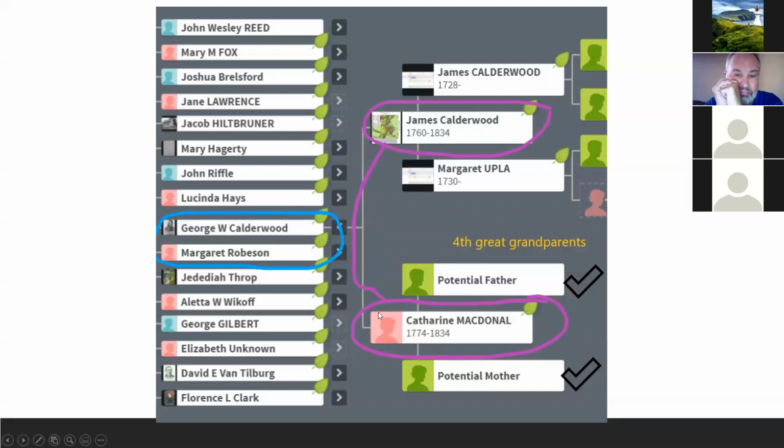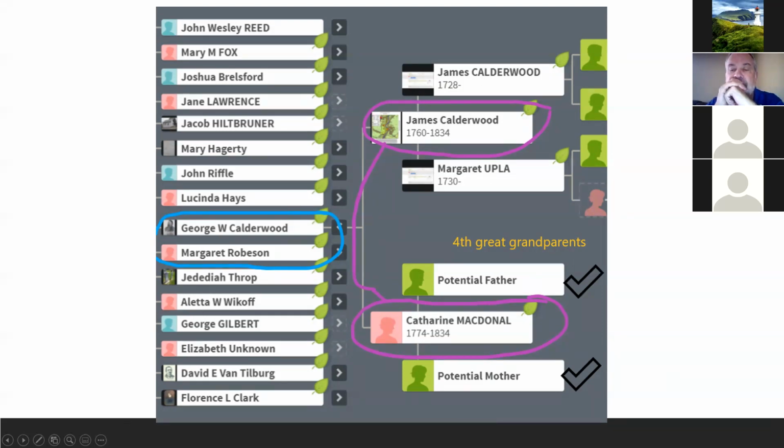And remember, the spelling, you never know, but she was from Scotland, and so was James Calderwood, and they came to the United States. And so the McDonald here could be related to the McDonald in this other tree for Ferguson. Not necessarily, but it's a good start. So maybe our link is this father and mother of Catherine McDonald.